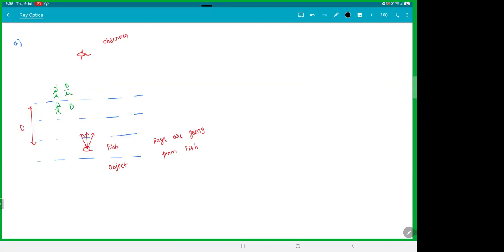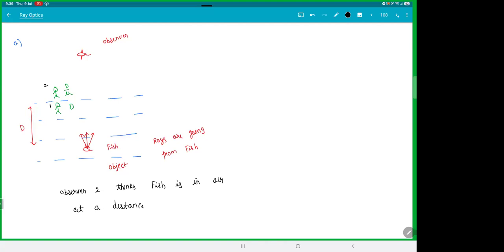Let's call him observer 1 and observer 2. Observer 2 is in air, and he will also think the fish is in air. If the water is really clear, you can't tell the difference. Observer 2 thinks the fish is in air at a distance of D by mu. This is the meaning of apparent depth.